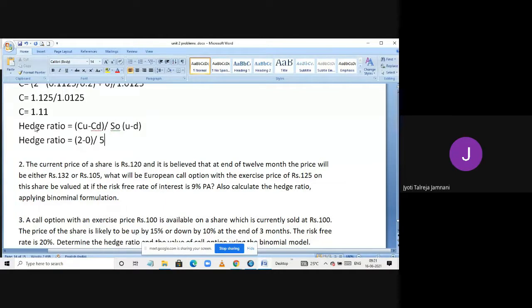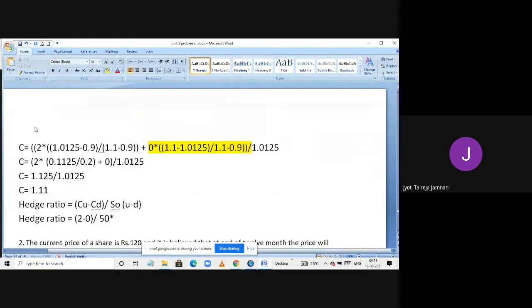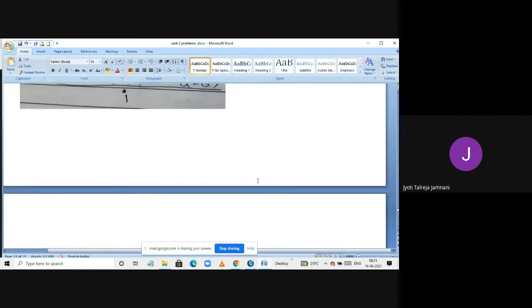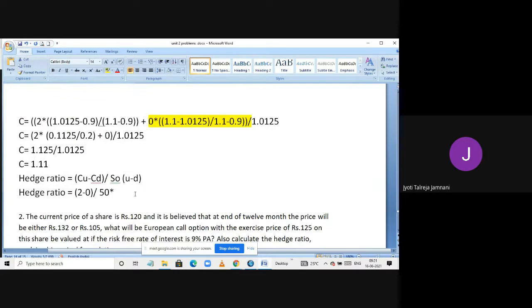S naught was 50, the actual share price today. U was the upper limit, that was 1.1, minus D was 0.9.